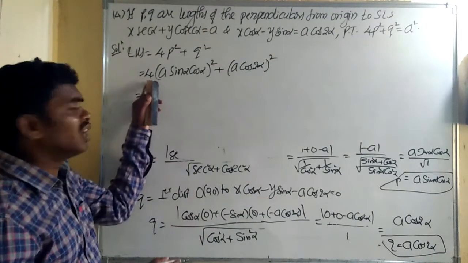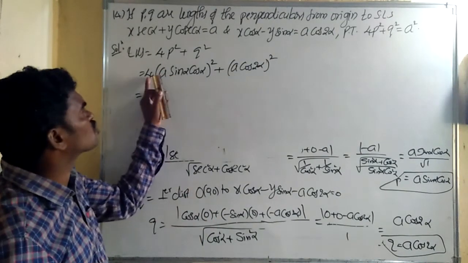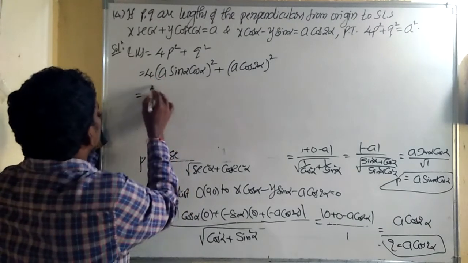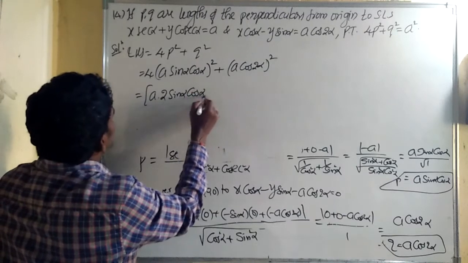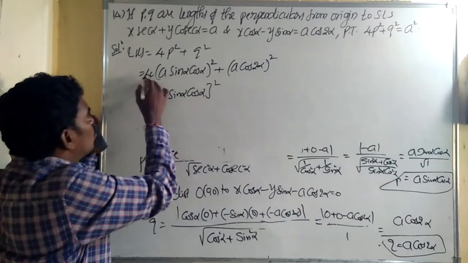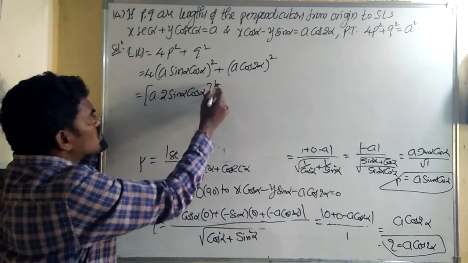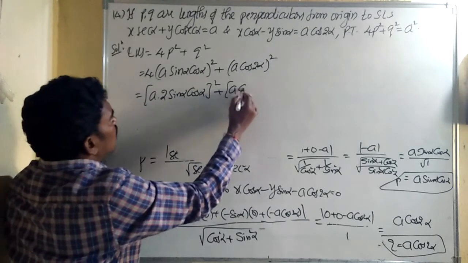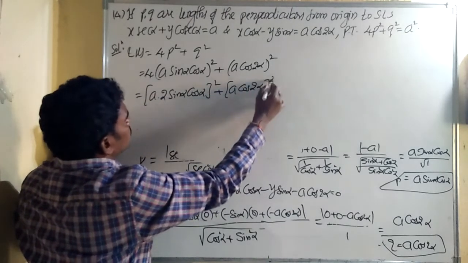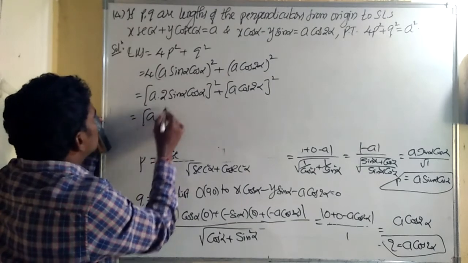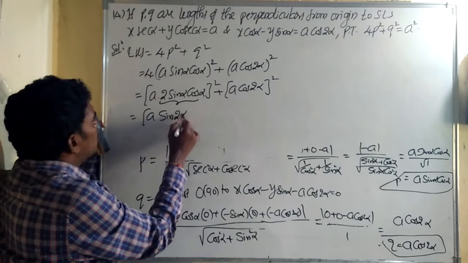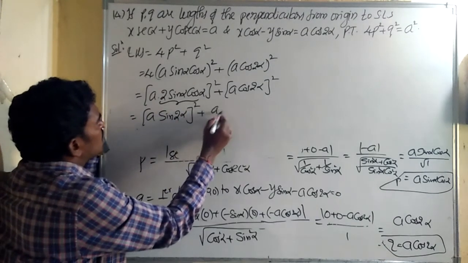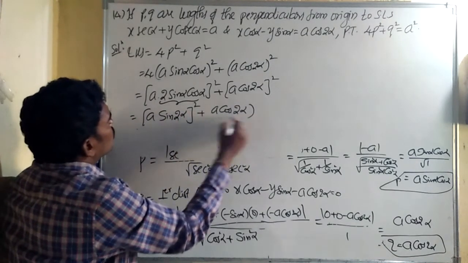See, 4 is there, and if you write it inside, 4 can be written as 2 square. So a into 2 sin alpha cos alpha whole square plus a cos 2 alpha whole square. See, 2 sin theta cos theta is the formula of sin 2 theta. So a sin 2 alpha whole square plus a cos 2 alpha whole square.